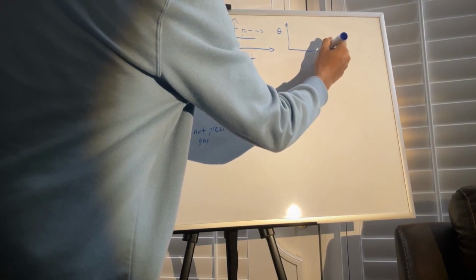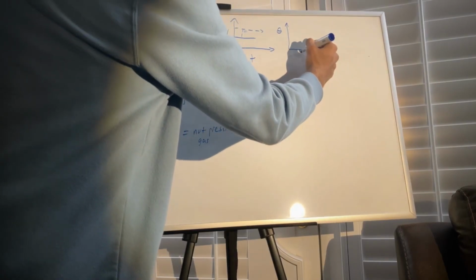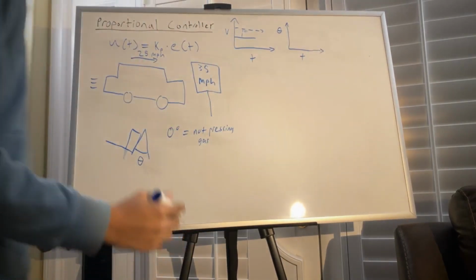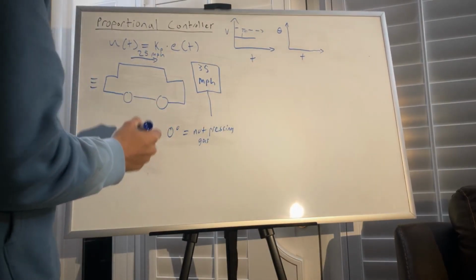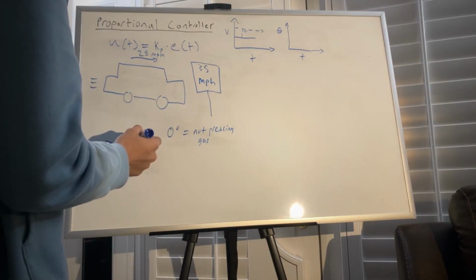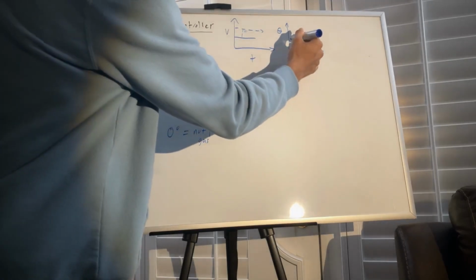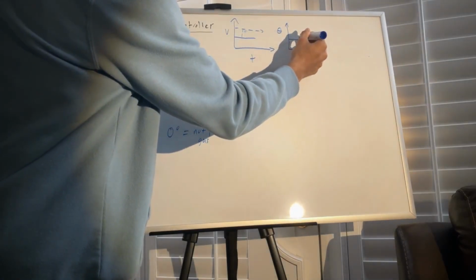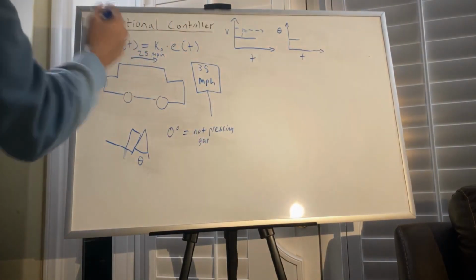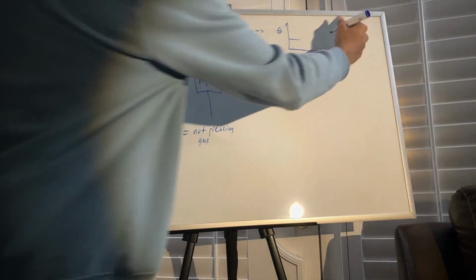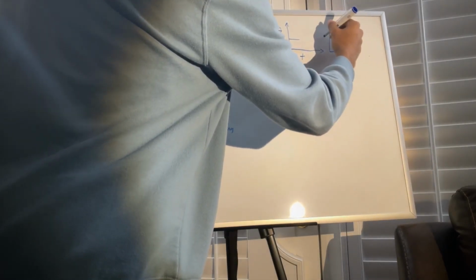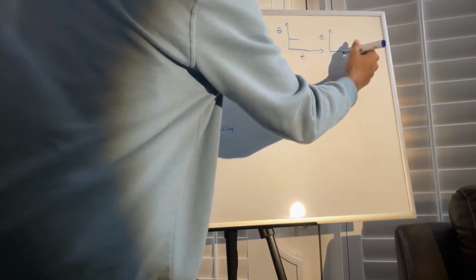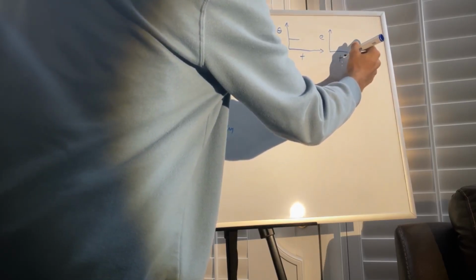Theta versus time. This is time. If we're traveling at 25 miles per hour, that means our foot is at some position, so our theta is going to be at some constant angle for now. So when we apply this proportional controller, if we draw a graph of our error, this is E, not Euler's number, but error versus time.